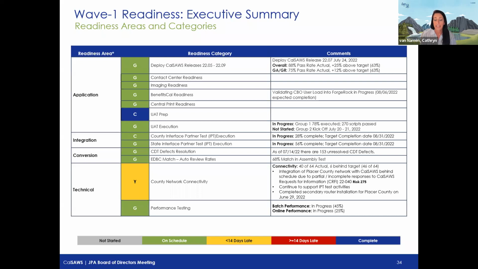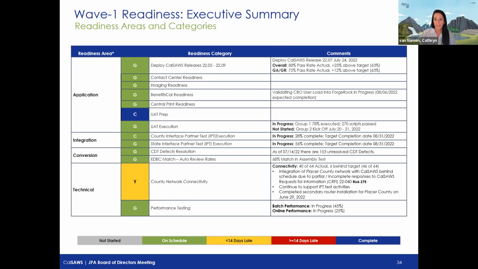The first one is regarding the CalSAWS releases that Lisa mentioned earlier in today's presentation. For CalSAWS release 22.07, everything is on target and on schedule, a little bit ahead of schedule actually, for this Friday's release.